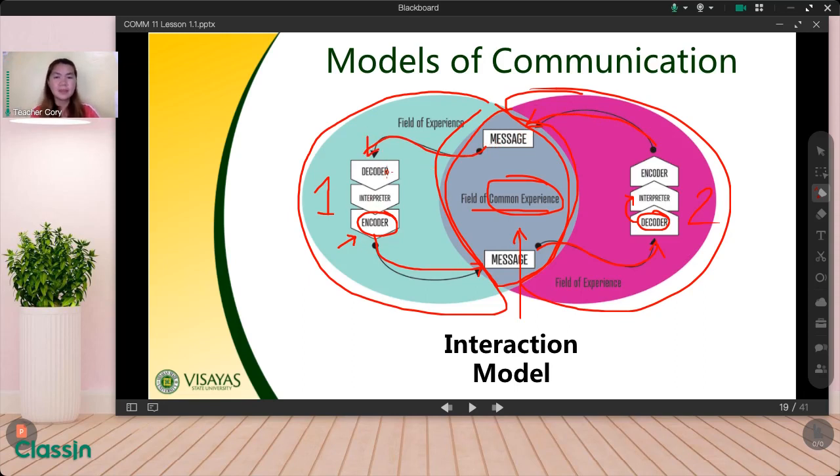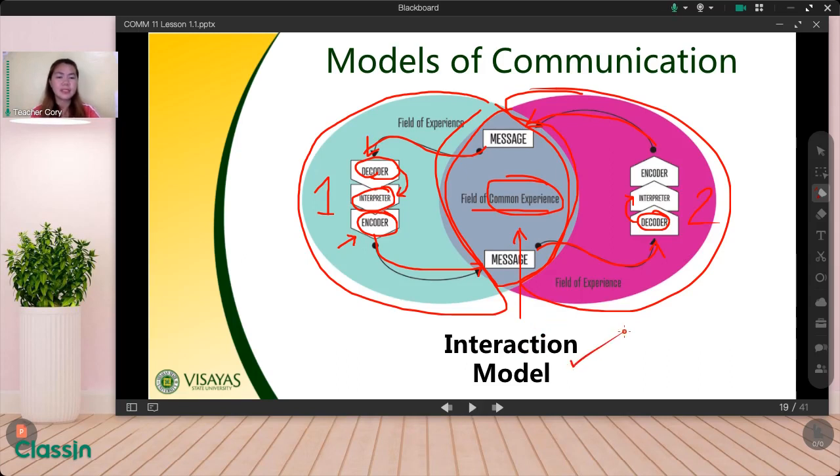This time the sender earlier is now the decoder. Okay, so this changes the role. The sender earlier is the decoder because he or she will extract the message from those words and then interpret it based on his field of experience too. So that's what's happening in most communication settings in the classroom or anywhere, everywhere we go. That's the communication setting that we are involved or engaged in.